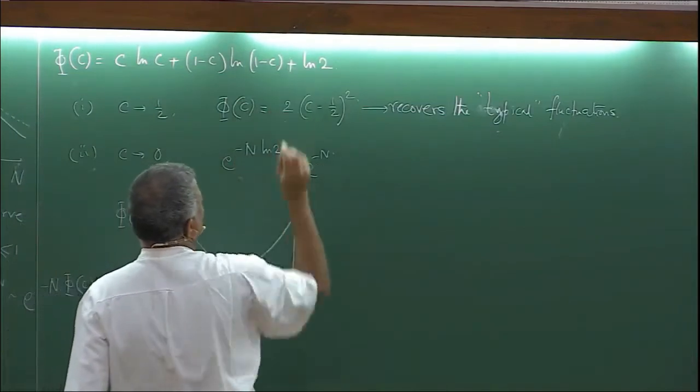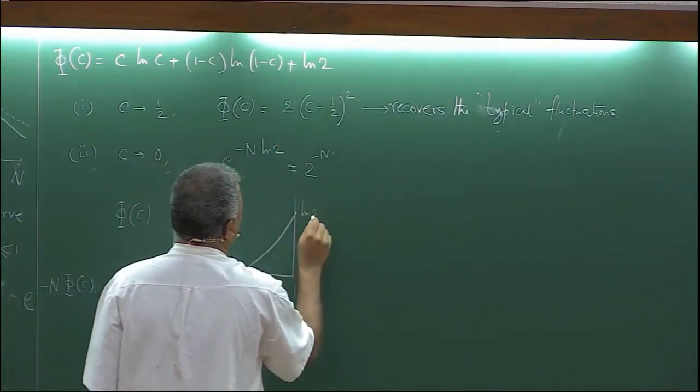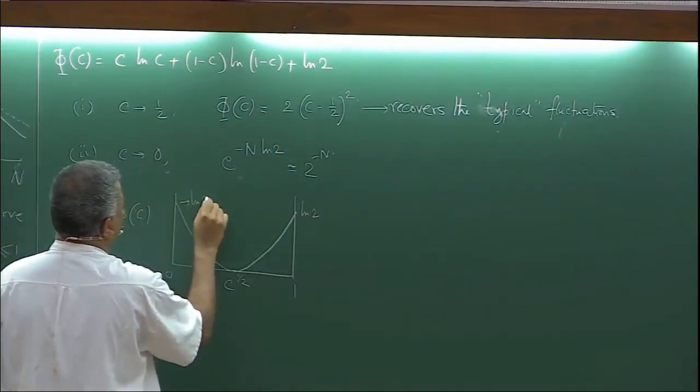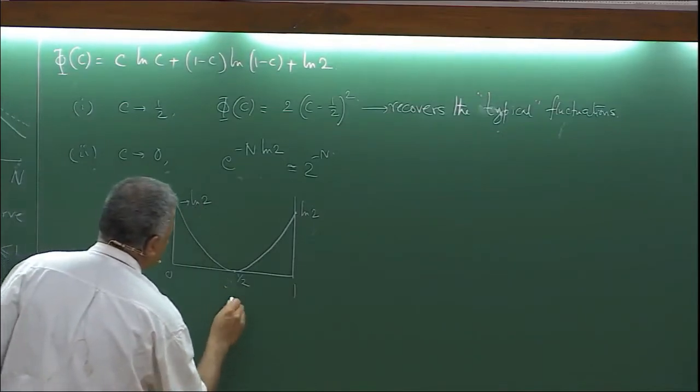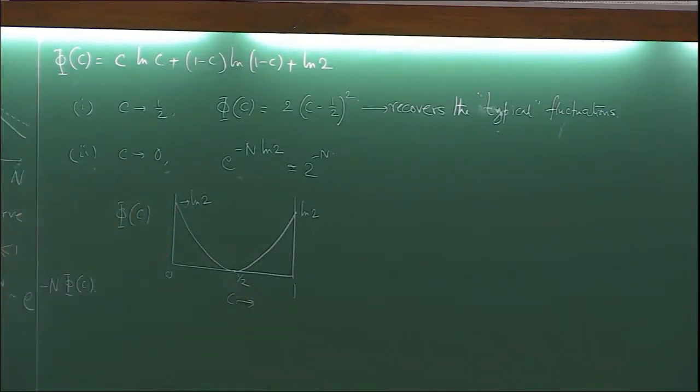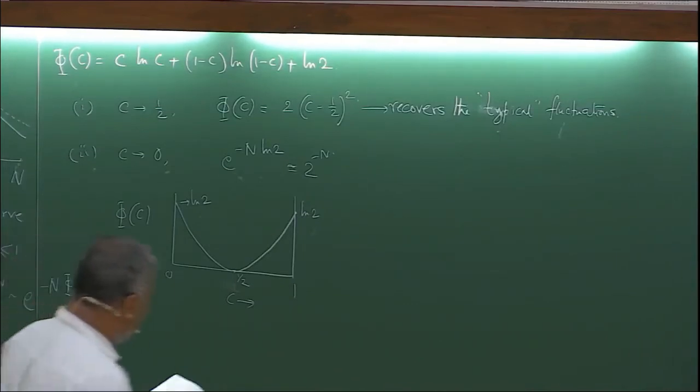Sorry, this should be plus log 2, yeah. So this is log 2, this is log 2, okay? And it's symmetric around c equal to half. Okay, so this is the trivial exercise that we all know.